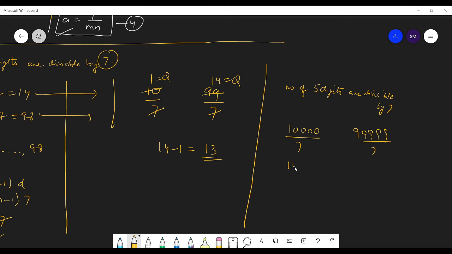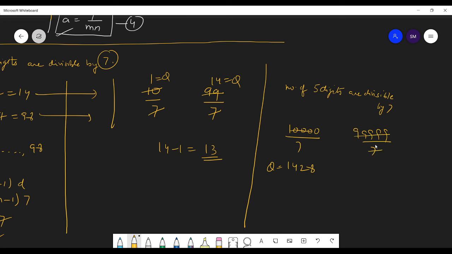1, yes, then 4, yes. What do you get, students? Tell me. What is the quotient you get? 10000 divided by 7. Yes. 1428. Yes, sir.